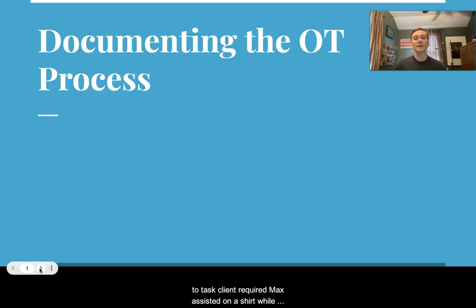Client required max assist to don a shirt while seated at edge of bed, secondary to impaired cognition, impaired attention, impaired problem solving, impaired scanning to the left. So now you've learned how to articulate that using your OTPF language.